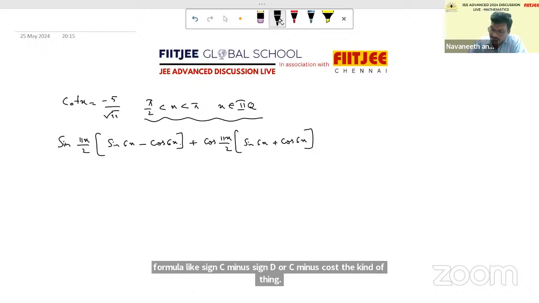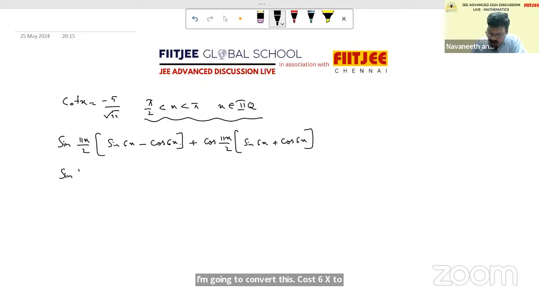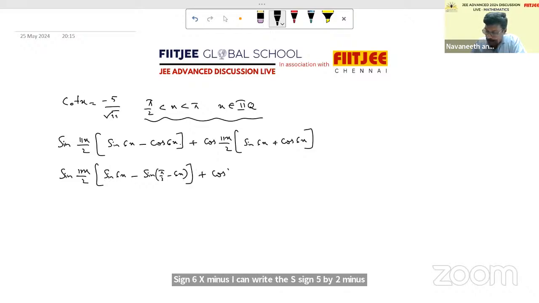I'm going to convert this cos 6x to sine. So let's take sine 11x by 2 times (sine 6x minus sine (pi by 2 minus 6x)) plus cos 11x by 2. Same thing here, again this is sine and this is cos, so both should be in cos or in sine.